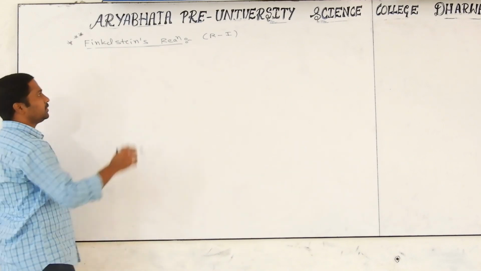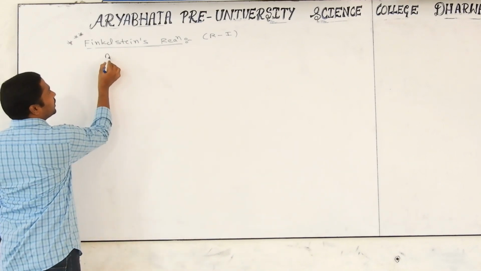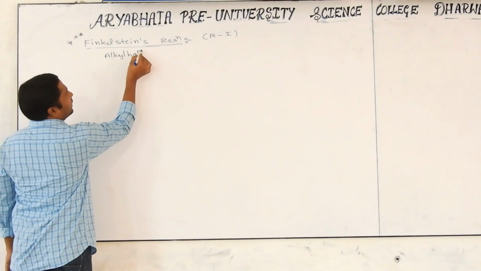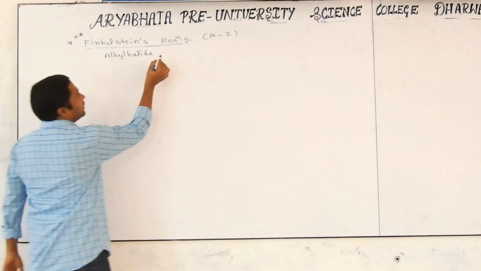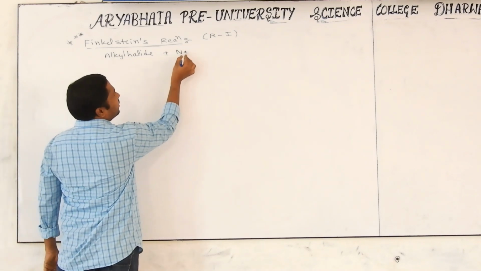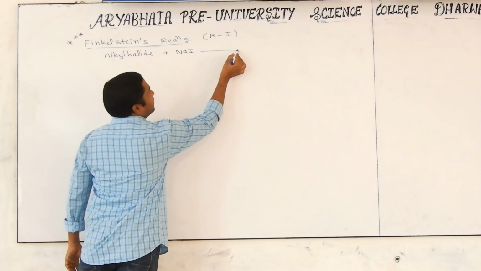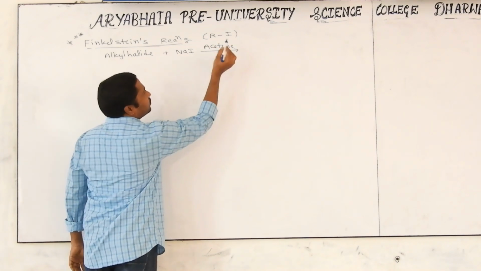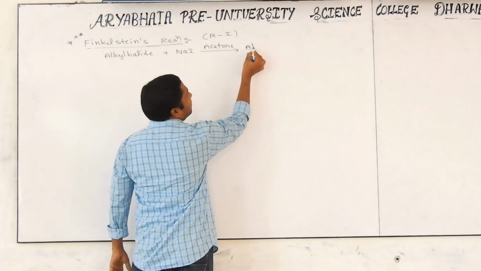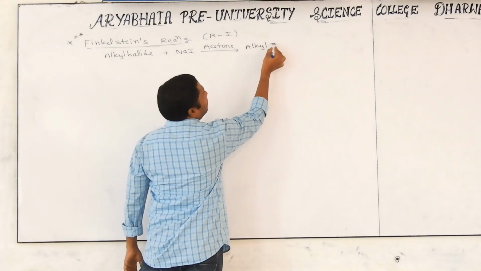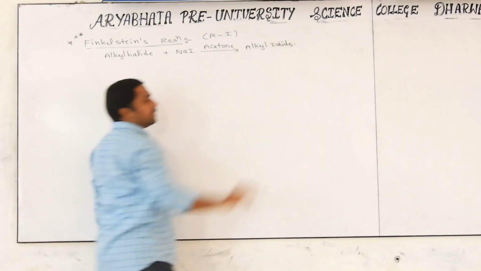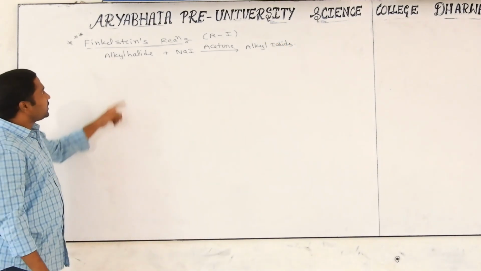How it is, I will explain to you, see carefully. If you take any alkyl halide other than iodide, it will be treated with sodium iodide in the presence of acetone medium. In the presence of acetone medium, we are getting alkyl iodides. So what is the statement?